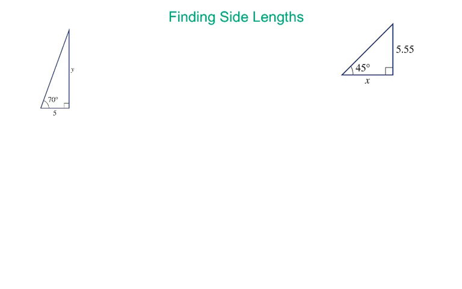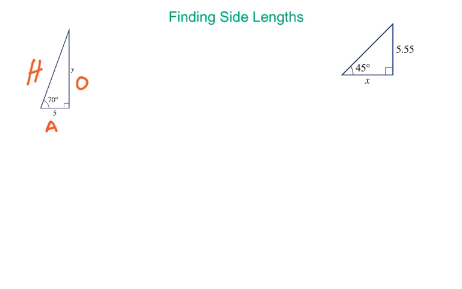The first thing I will do is I'll actually label my triangle. So this is my hypotenuse, this is my opposite, and this is my adjacent. Notice the 70 degrees is my angle. It's not theta because they've told us what the angle size is.